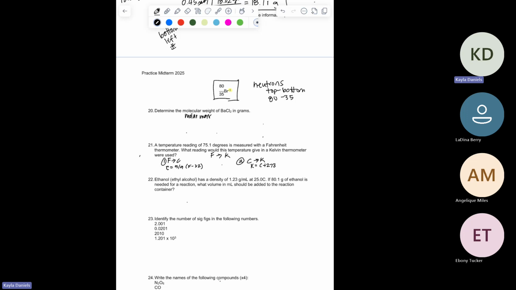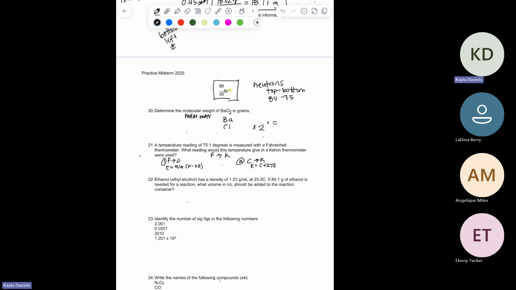You have to know how to do it. To calculate a molar mass, we need to add up all of the individual masses. I have barium, and I have 2 chlorine, so whatever my molar mass is for chlorine, I need to times it by 2, and then add these together to get my total.